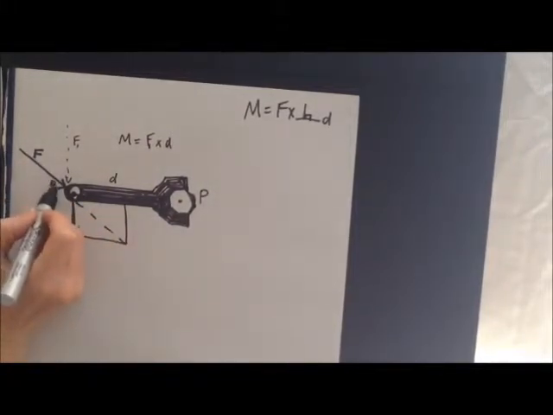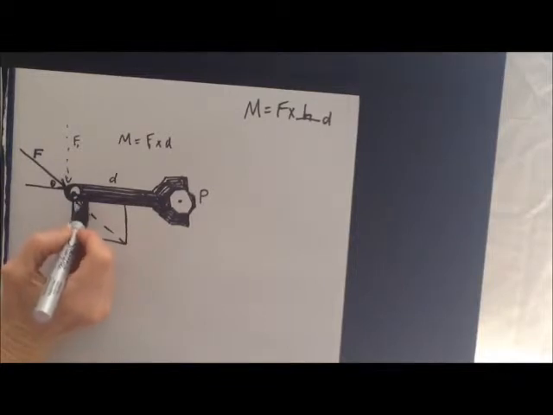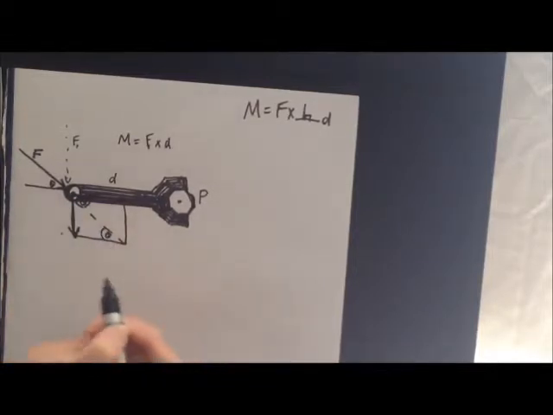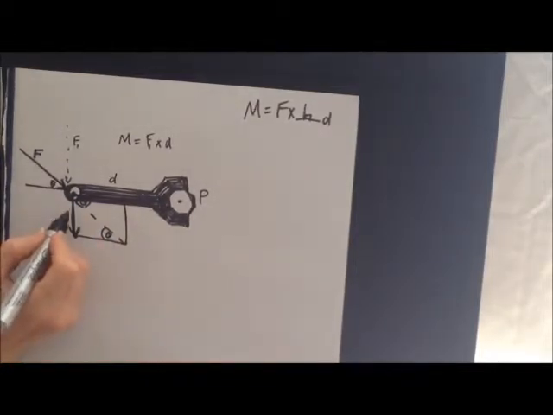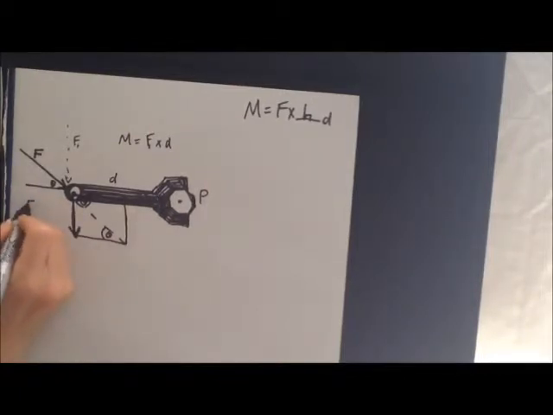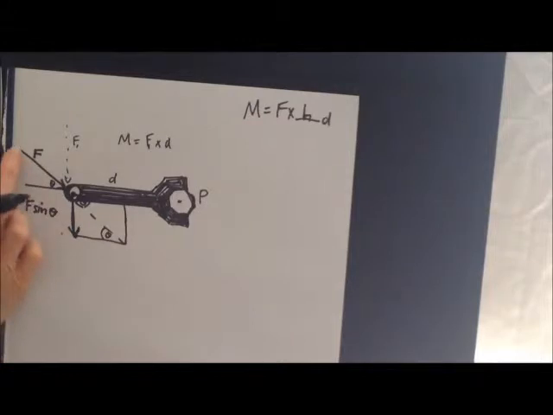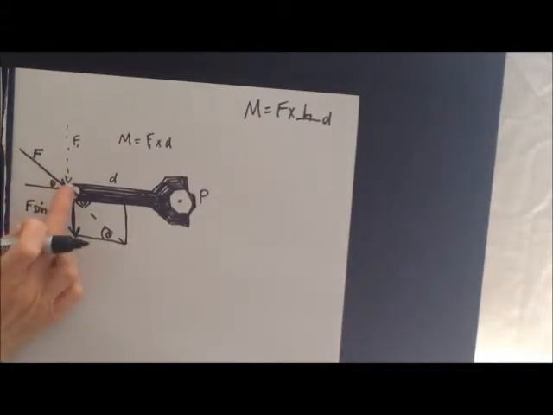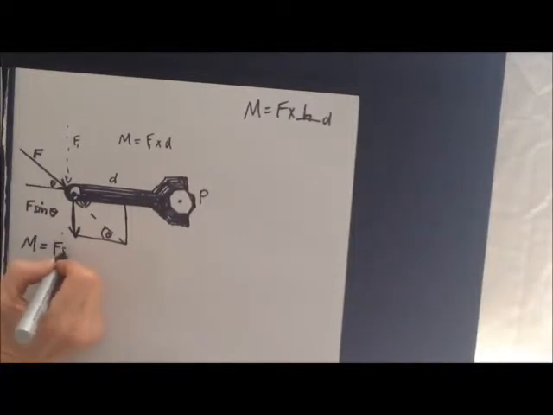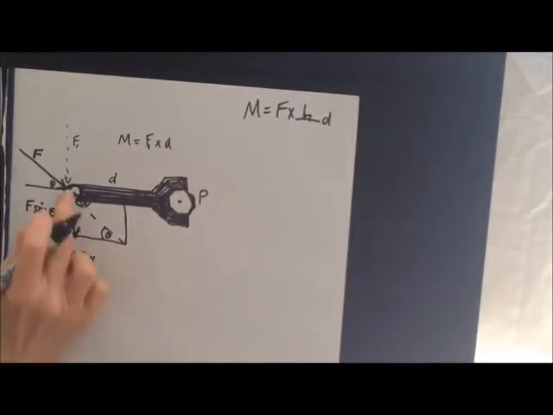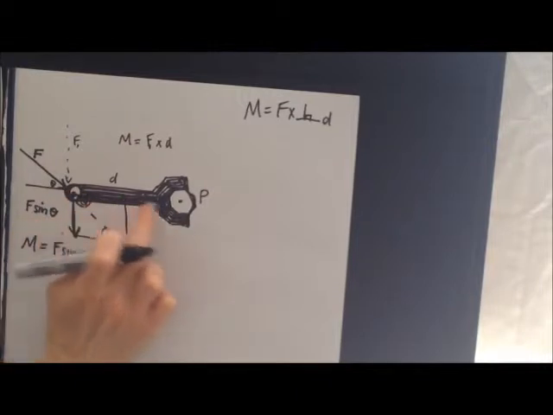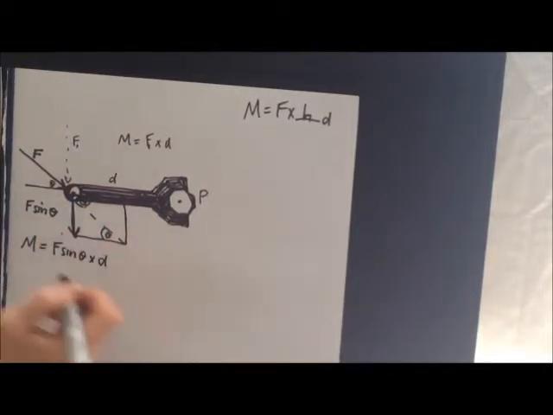Well, if we know this angle here is theta, and this angle here is theta by trigonometry, then the vertical component here is going to be F sine theta. So the vertical component is smaller than the original force, and the moment is F sine theta, the vertical component, times its perpendicular distance, which is d.